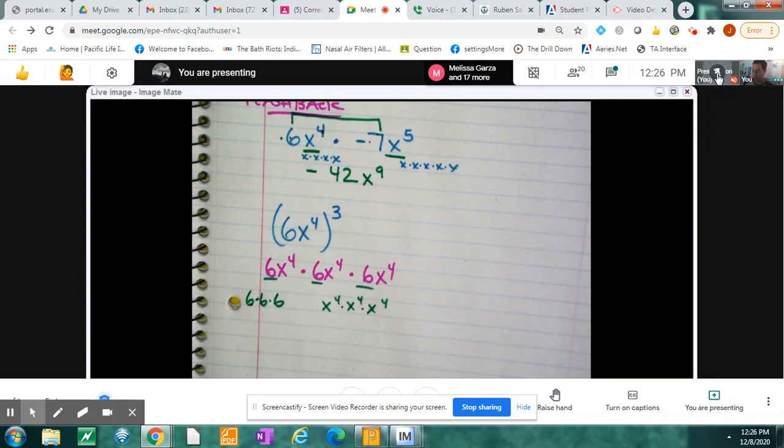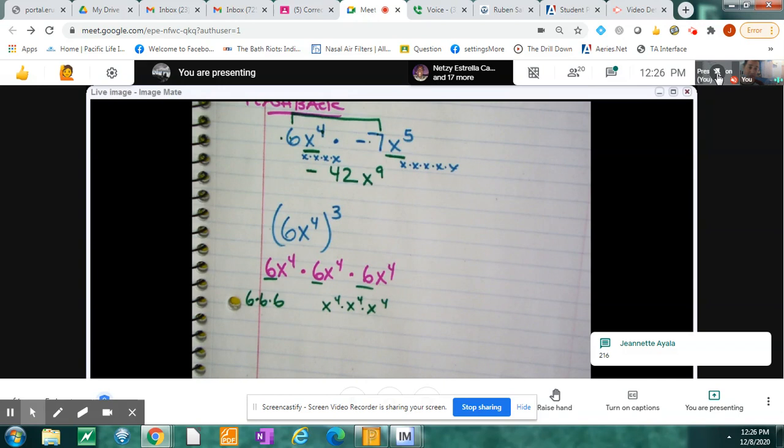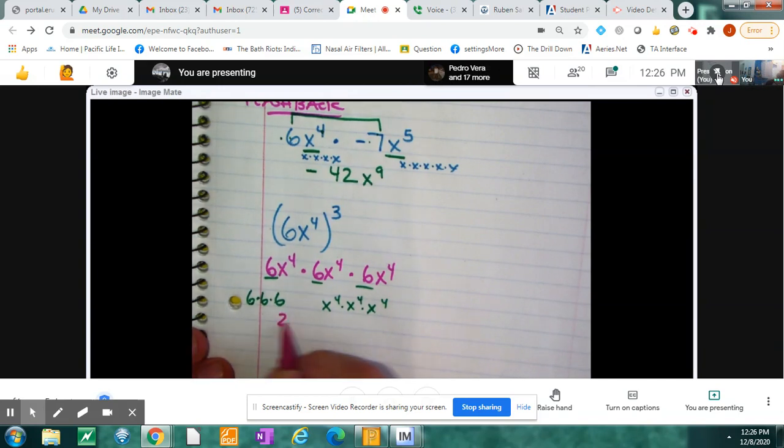6 times 6 times 6 is 216. Very good, Jeanette. So it's 216. Now, how many x's are there? Well, there's 4. Remember, you're not multiplying the exponents. There's 4, there's 4, and there's 4.